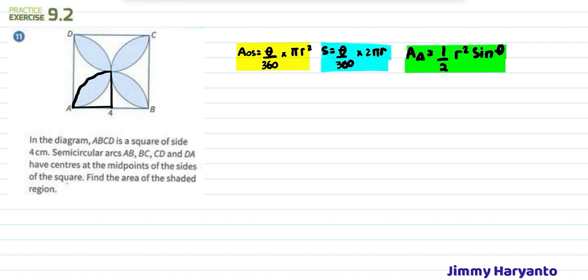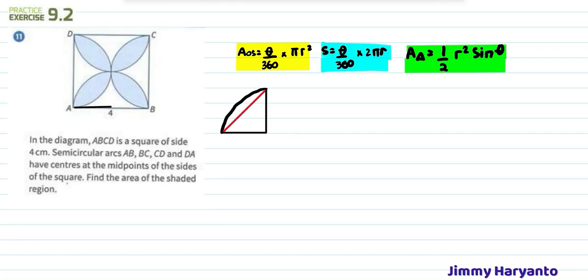And then I will draw it right here. This is the quarter circle, and then I will create the chord right there. So this is the chord.